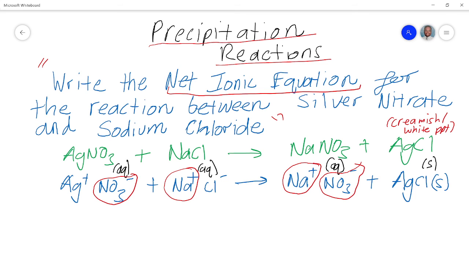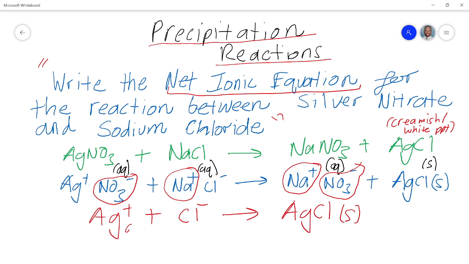All right, after removing my spectator ions, what I leave with is Ag plus plus Cl minus to produce AgCl solid. And that tells you that in this precipitation reaction of the formation of silver chloride, silver and chlorine take part in this precipitation reaction.